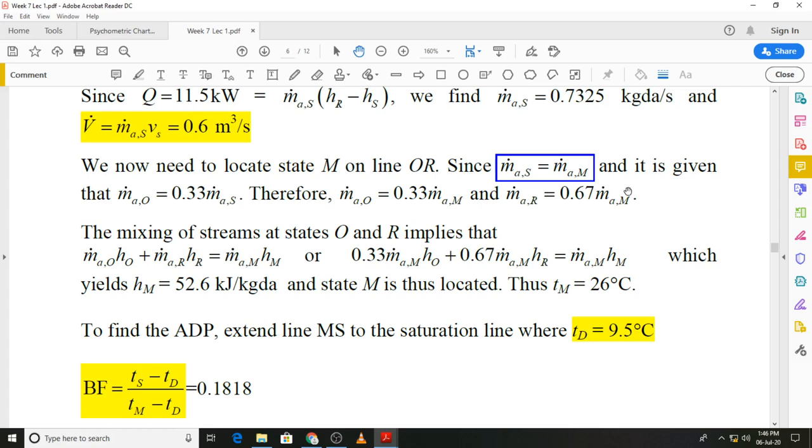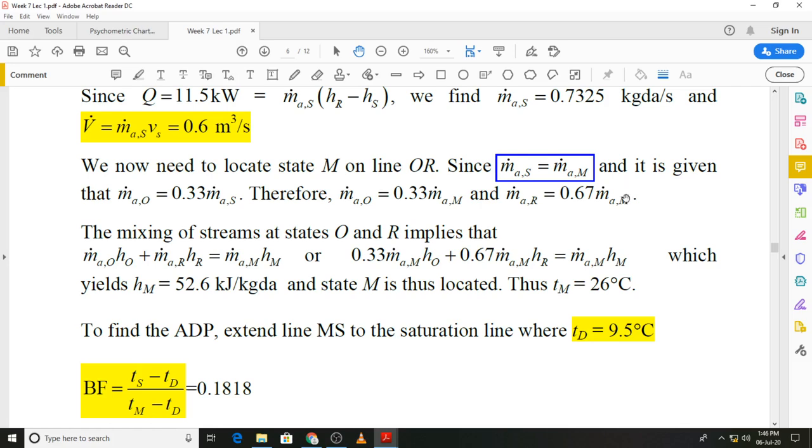Similarly, the amount of recirculated air will be also less than the mass flow rate of the supply air. The sum of the outside air and the recirculated air will be equal to the mass flow rate of the supply air.